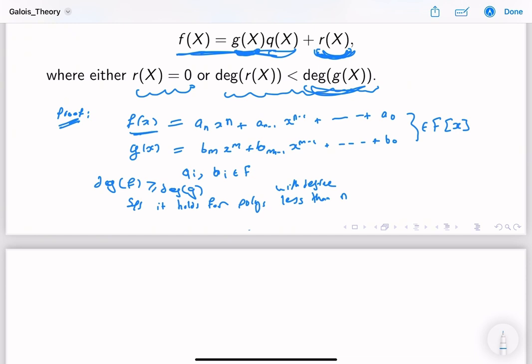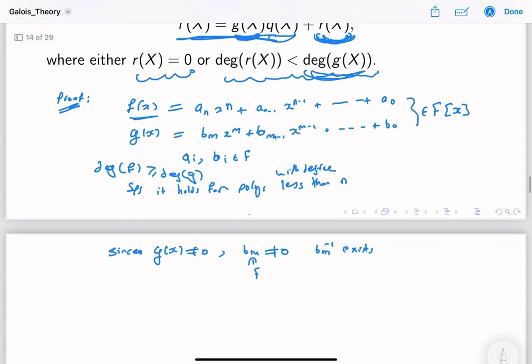So here's a very nice trick. Since we're assuming that g of x is not 0, and that it's of degree m, we have that bm is not 0, right? But remember, bm is in F, which means that bm inverse exists, because F is a field, and thus every non-zero element has an inverse.